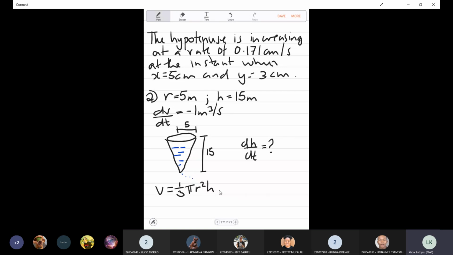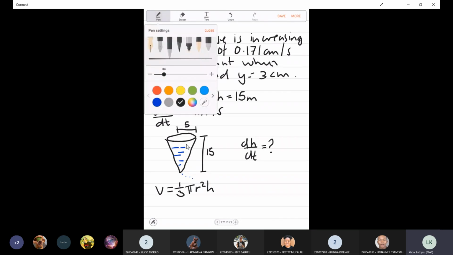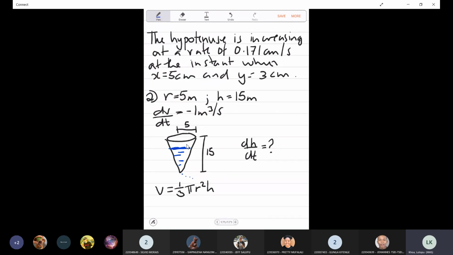And if we were to differentiate this V, we find the total differential, we would have a part that includes dr/dt, but we don't have dr/dt in the question, so we have to try and get that from the information that we are given.